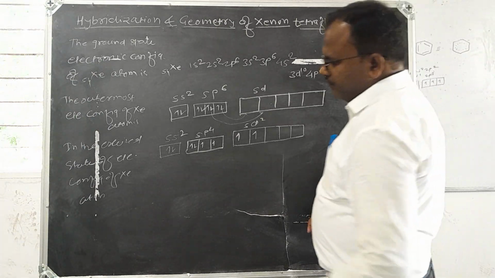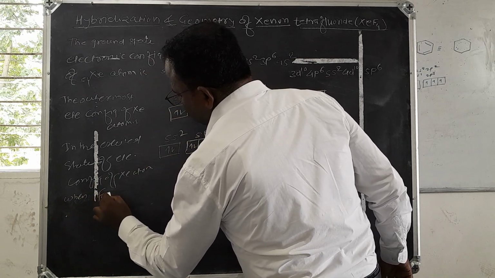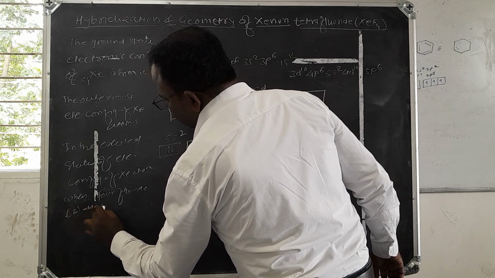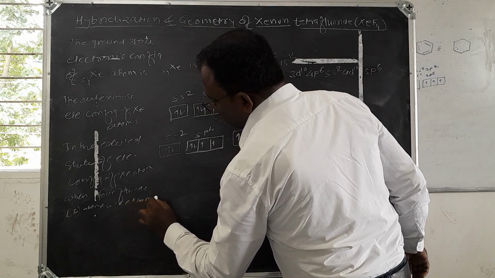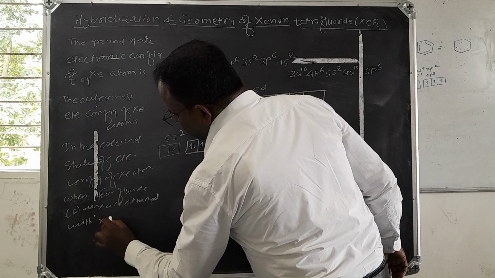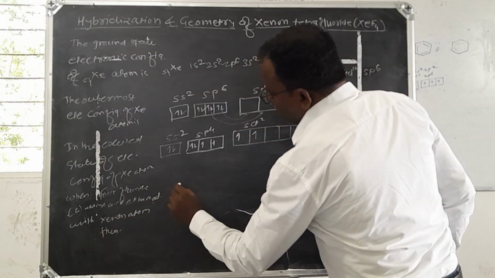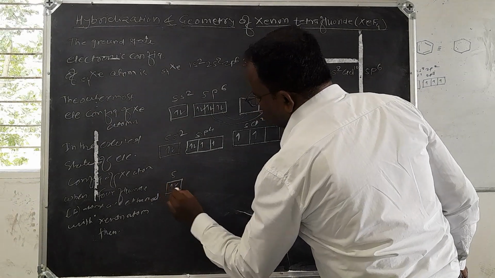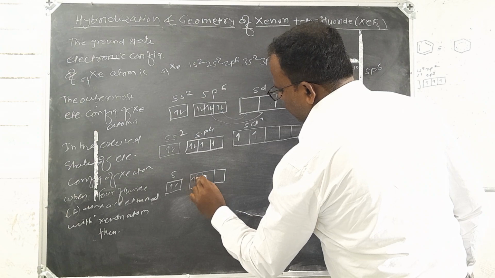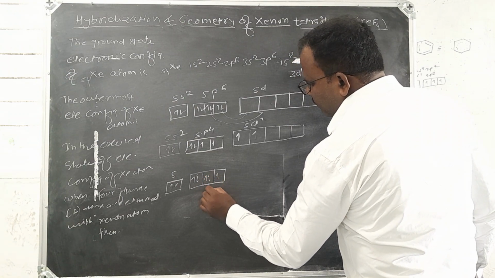Then when four fluorine atoms are attached to the xenon atom, the unpaired electron in the p orbital bonds with one of the fluorine atoms.